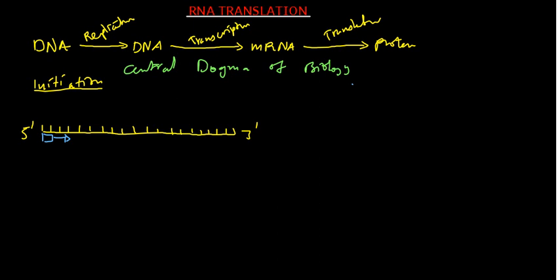So let's say this base is adenine, this is uracil, this is guanine, this is cytosine, this is uracil, this is adenine, adenine, guanine, cytosine, guanine, cytosine, uracil, uracil, adenine, adenine, cytosine, guanine, uracil. Let's say this is a sequence of nucleotides on this mRNA.